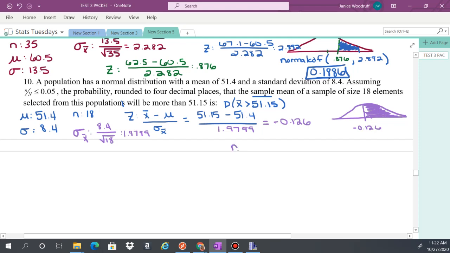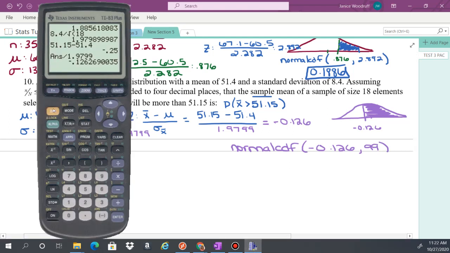So I'm going to go normal CDF, negative 0.126, positive 99, and then enter. So let's see, second vars, normal CDF, negative 0.126, comma, 99. So I'm getting 0.550, are we doing 4 decimal? Yeah, 5501.